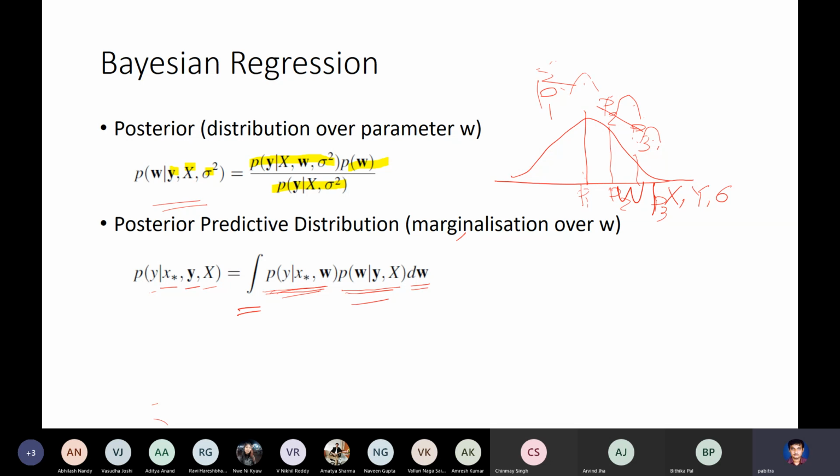Basically, I do an integration over all possible values of w. Finally this gives you a predictive distribution over y given x star, X and Y, which may be something like this.